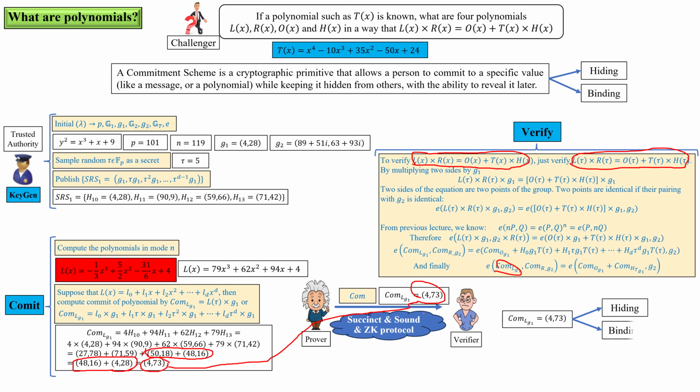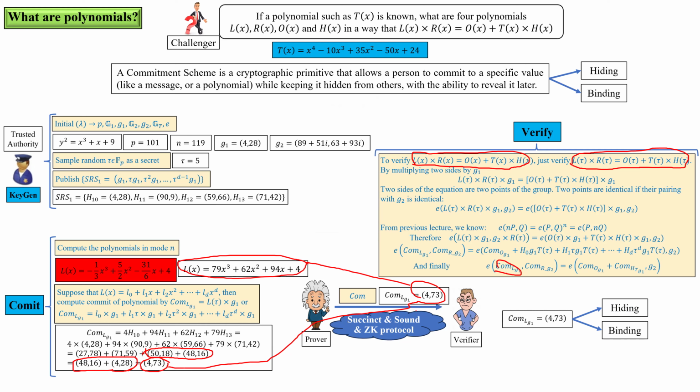So this commit provides 2 properties. The first property is hiding. From just this point on the elliptic curve over F sub p, the verifier cannot retrieve this polynomial. It is impossible for the verifier to retrieve the polynomial from the commit value.